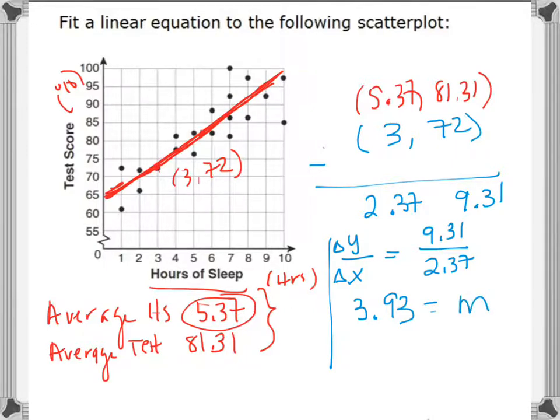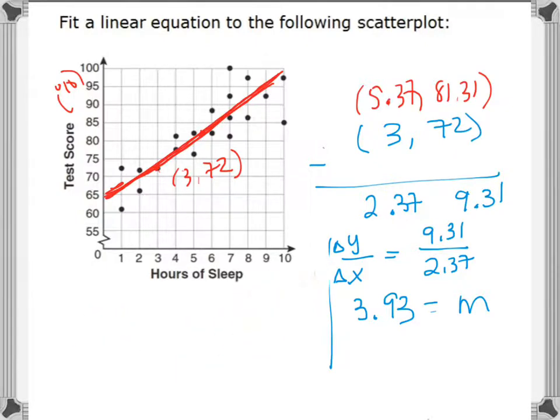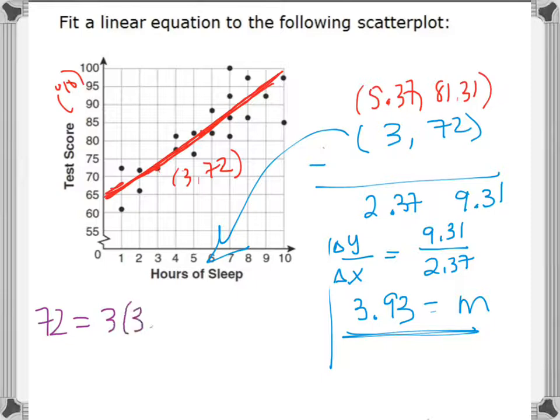Now to find our y-intercept, remember, this is from last week's lessons, if this is our slope, we find the b by substituting. Let's use 3 and 72. So if the y is 72, and that's equal to 3 times this value plus b.